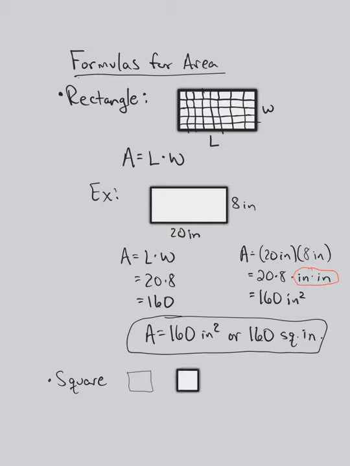Remember, if we have a square, we just usually use the letter S. With a square, all the sides are equal, so it's like the length is equal to S and the width is equal to S. If I wanted to compute the area, that would be length times width, but the length is S and the width is S. And so I get A is equal to S squared. So that's a special formula for a square.